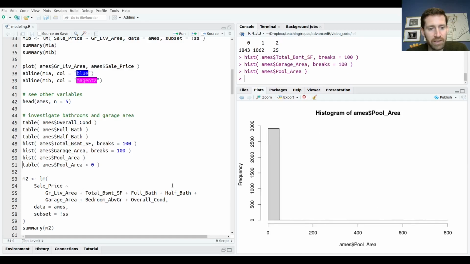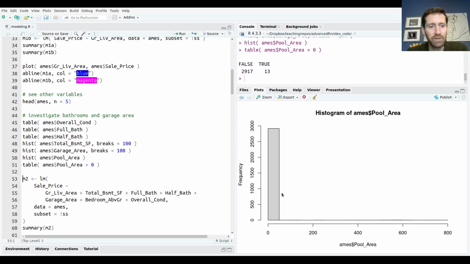Pool area, there's a lot of zeros. If you really stare, you might see that there are actually some bumps here. There have to be bumps here, or else it wouldn't go all the way out to 800. If we just do table pool area bigger than 0, most of the time that's false, because most of the time it's 0, but there are 13 houses with a pool.